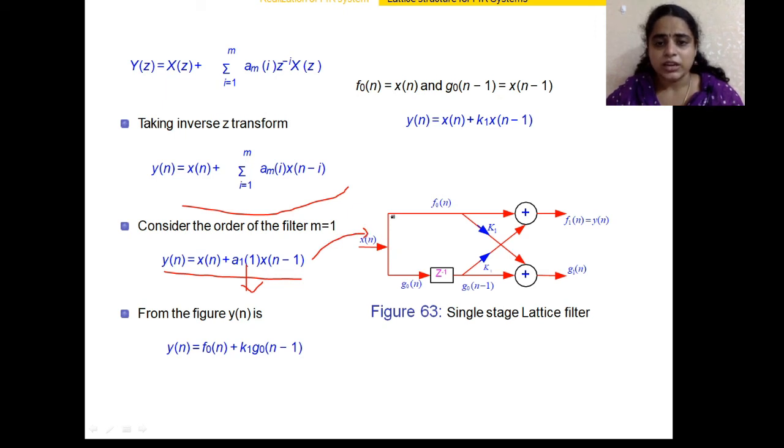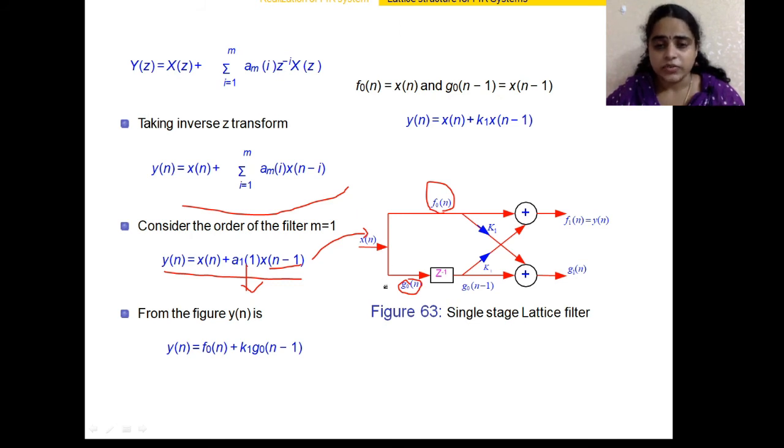x(n) is represented in two functions, f0(n) and g0(n) here. If you see, one of them goes directly, so there is no delay. For the other one, for x(n-1), there is a coefficient, and after that coefficient there is a delay.